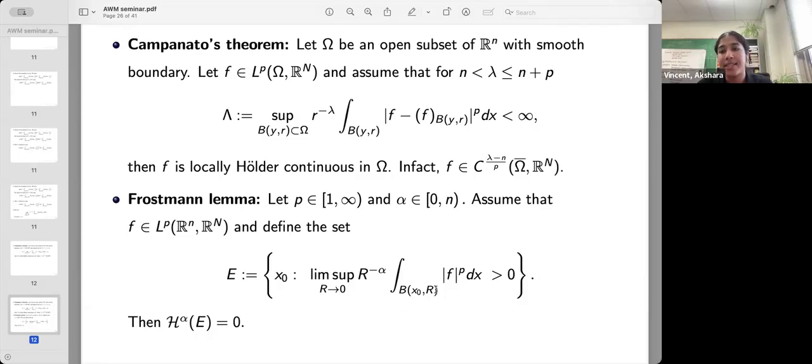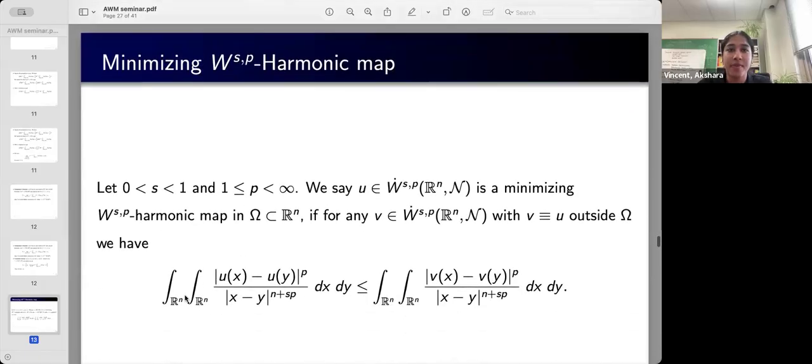So this is exactly the set that we were talking about. If it's not strictly less than epsilon, then the point belongs to this set, and that set has measure 0, and we can also explicitly measure the Hausdorff dimension.